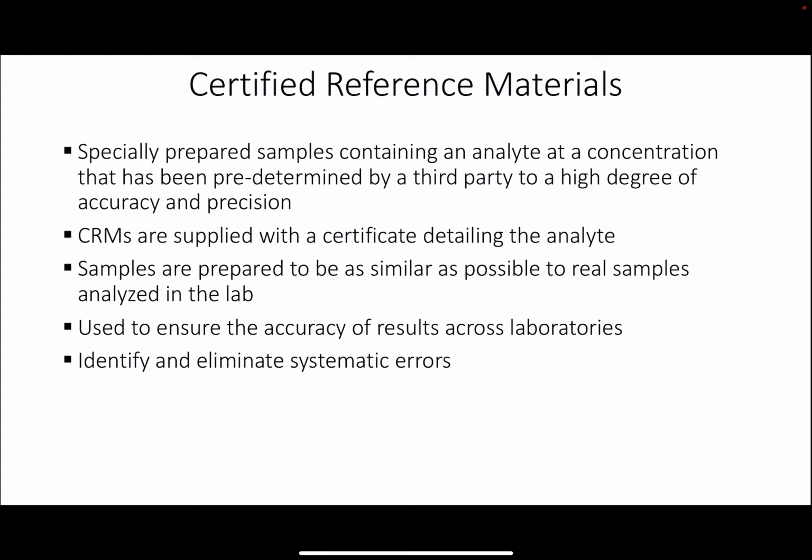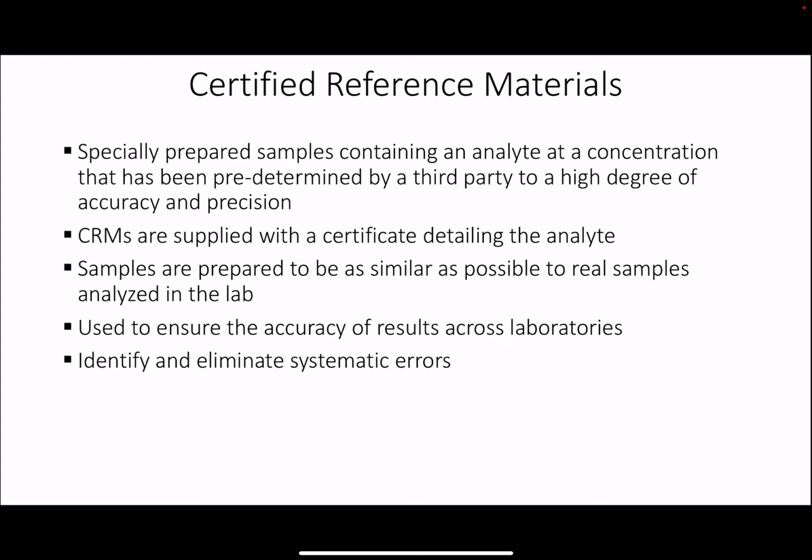And you get a certificate when you buy a CRM. They're very expensive. And it gives you this in detail. And so if you're using, for example, seawater samples, you'd want to get a certified reference material that was prepared in artificial seawater, or something that's similar to what you're actually going to be analyzing. And this can allow for accuracy across laboratories.